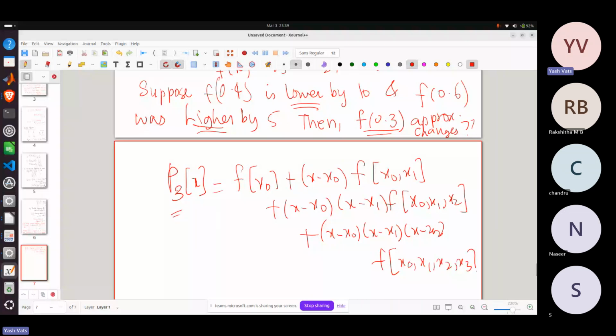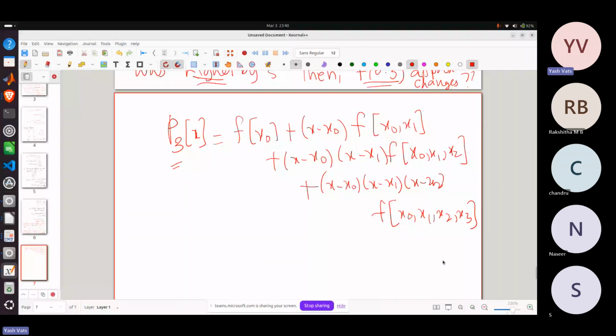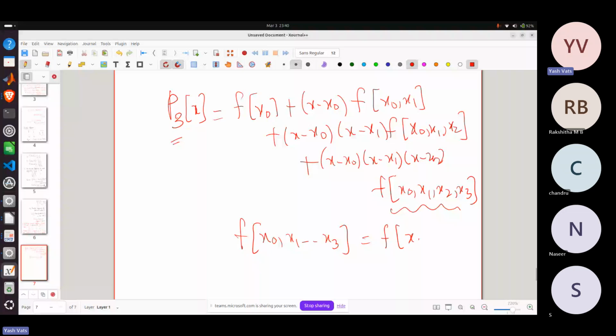then in this case, this new term is coming, and you should know what this means. f[x naught, x1, x2, x3] is f[x1, x2, x3] minus f[x naught, x1, x2] divided by x3 minus x naught.